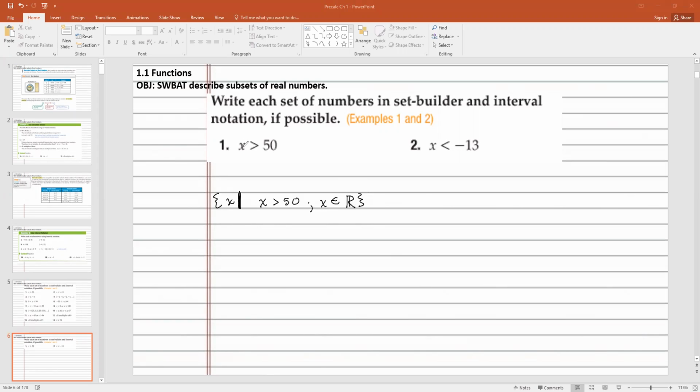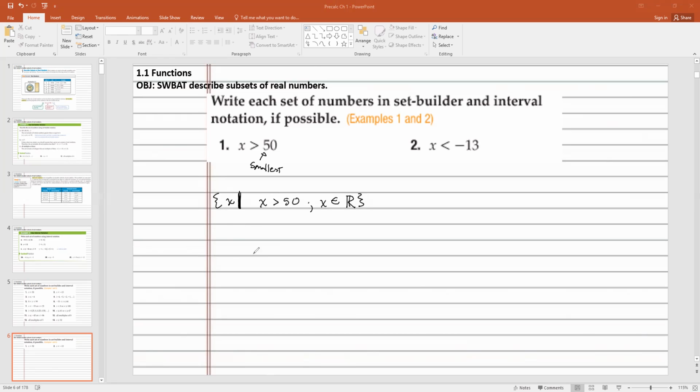Interval notation, because there's no or equal to there, that means we're going to have parentheses. So this is x is greater than 50. Since it's greater than 50, that means all the numbers are going to be bigger than 50. So even though it says greater than, this number that they gave us is the smallest number.